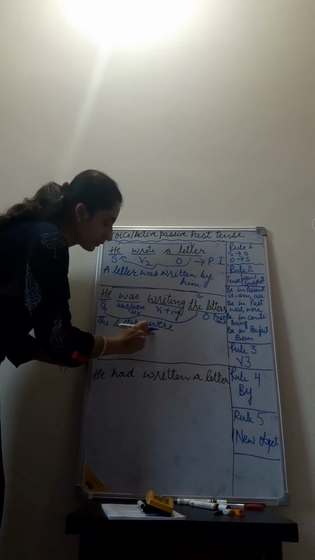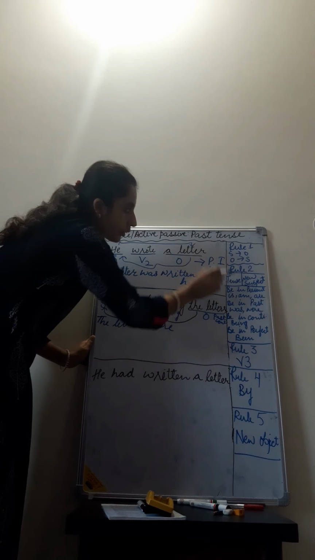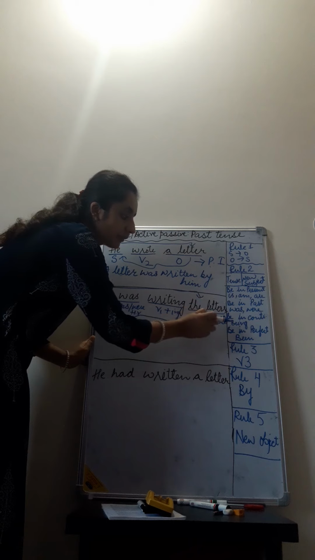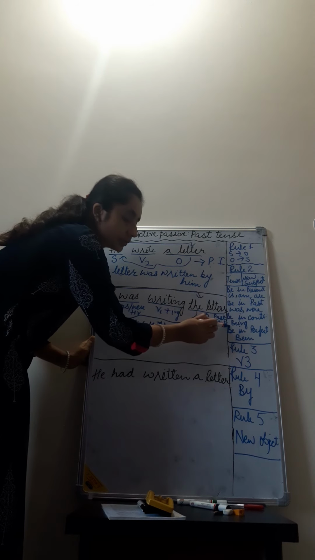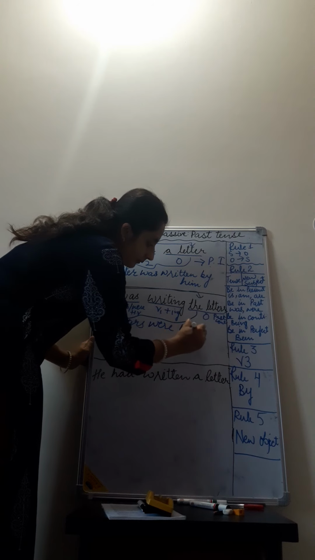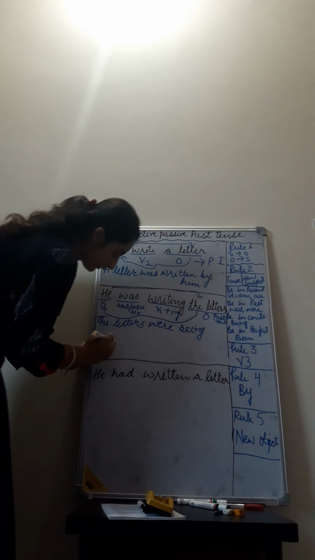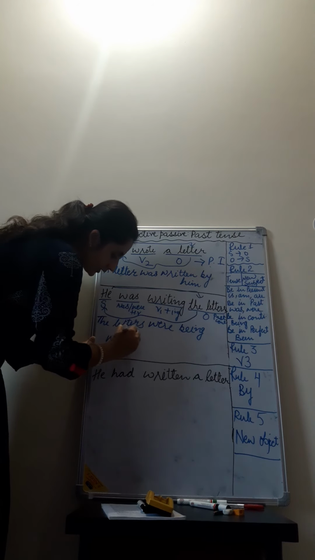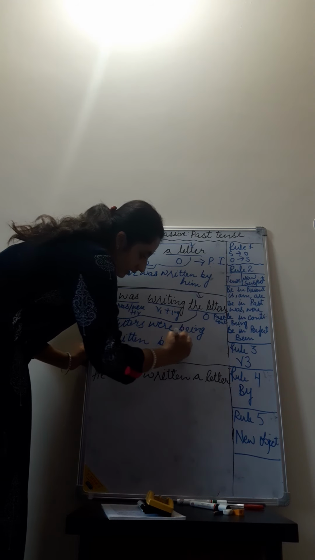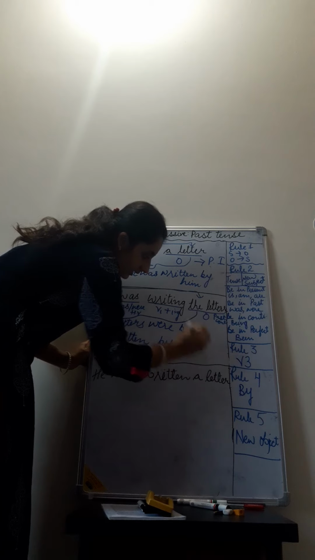The letters were. So we know that according to the rule we need to add being, because the be form in continuous tense is being. The letters were being, then verb's third form which is written, then by, then new object.